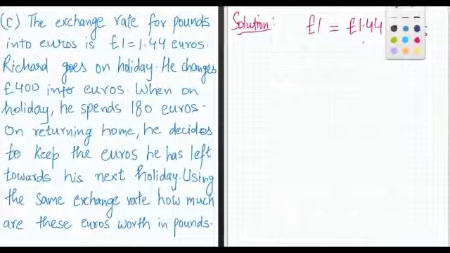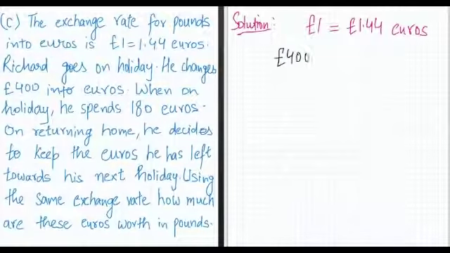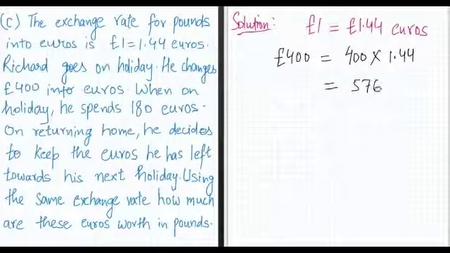If Richard is exchanging 400 pounds, it means 400 pounds is equal to, you have to multiply with the 1.44. 400 times the conversion factor, which is 1.44 in this case, is equal to 576 euros.